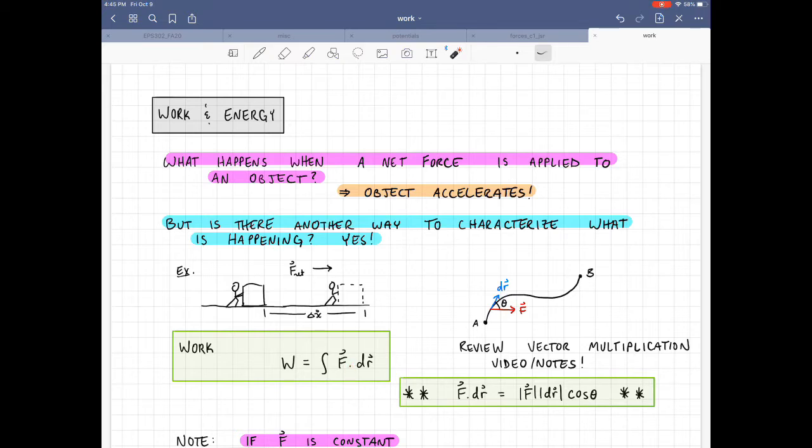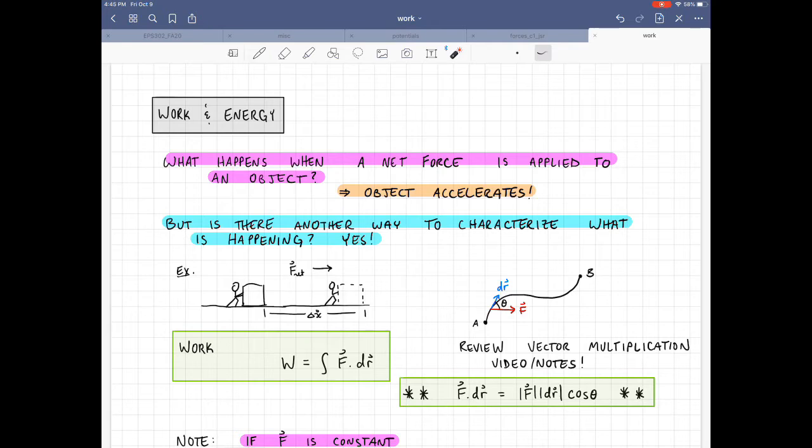This is known as the dot product, and so I'm going to ask you to go review the vector multiplication video and notes, because F dot dr, the way that the dot product is defined, is that this product is equal to the magnitude of F times the magnitude of dr times the cosine of theta, and theta, if you look at my picture here, is the angle between those two vectors.